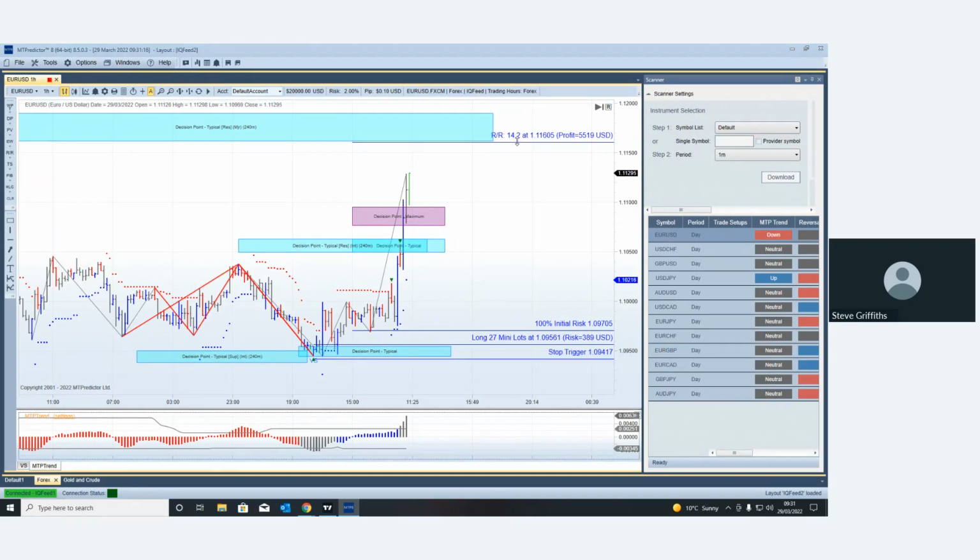And if you put a 14R profit in, you can have 2, 3, 4 -1R losing trades and still be up significantly overall. So your bank balance is so much easier, but psychologically, letting the markets run or giving the markets time to run, I think is the hard part.